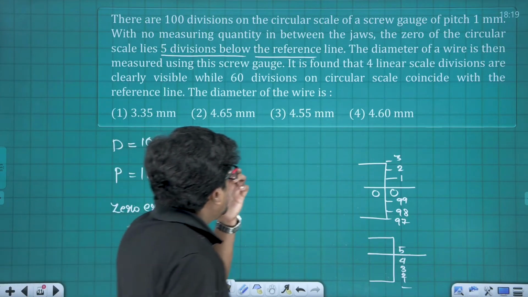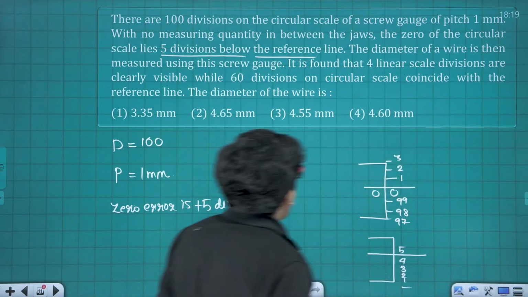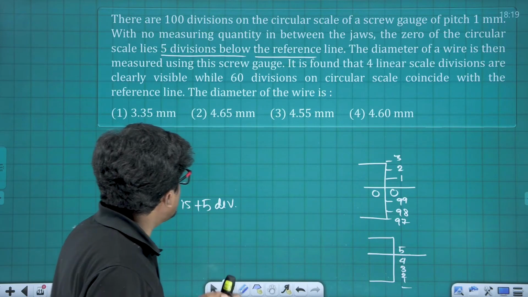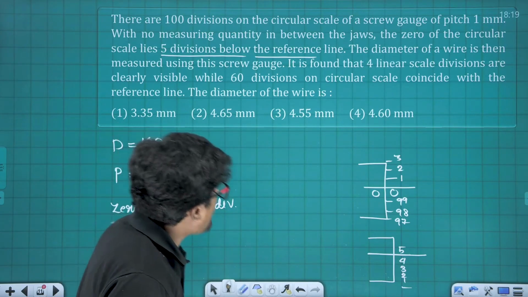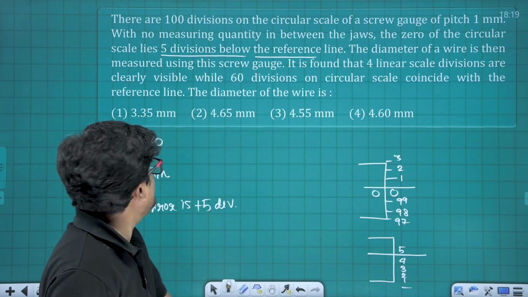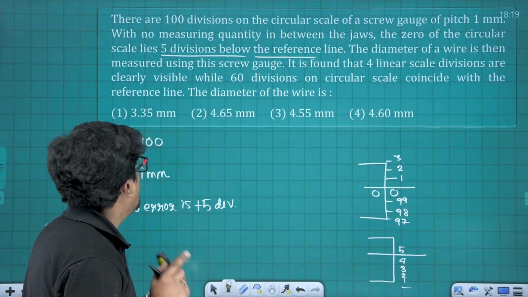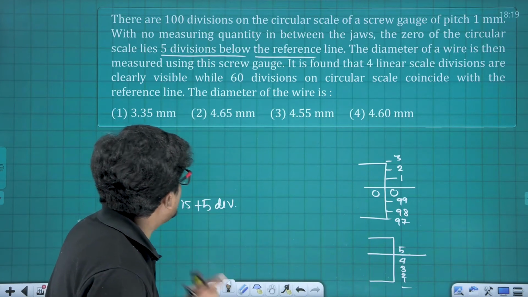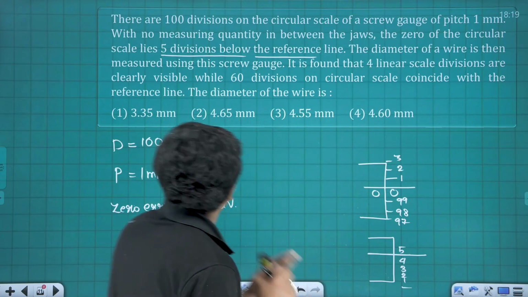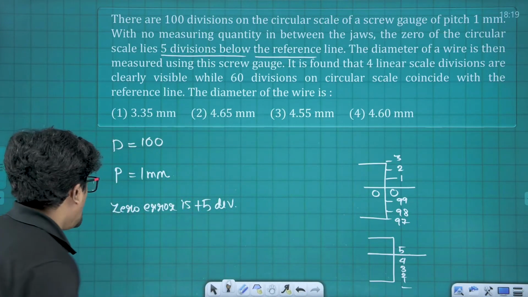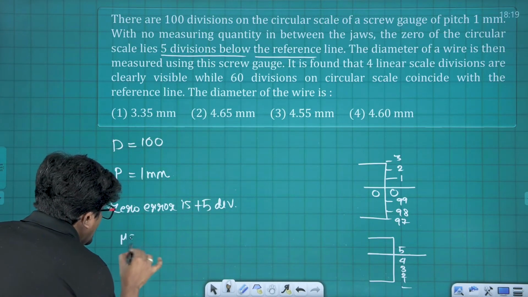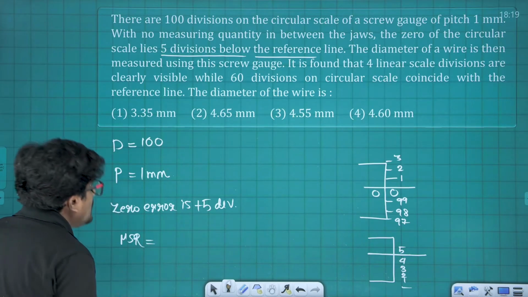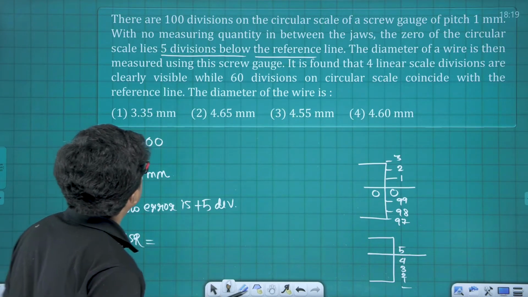Now, the diameter of a wire is measured using this screw gauge. It is found that 4 linear scale divisions are clearly visible while 60 divisions on the circular scale coincide with the reference line. So the main scale reading is equal to how much?